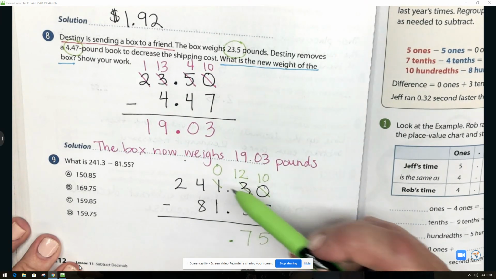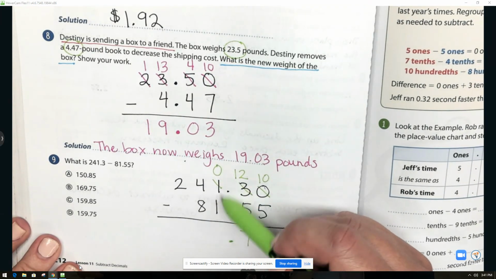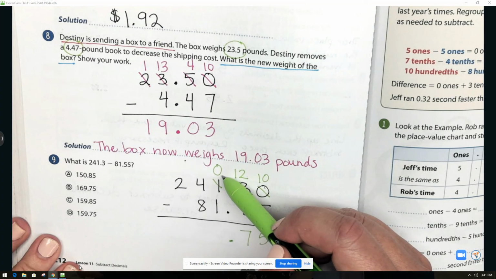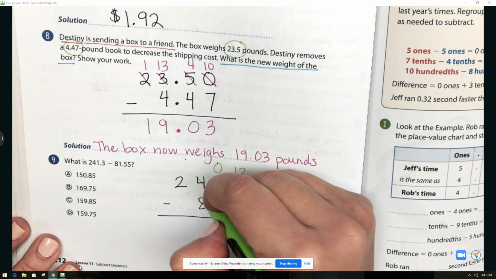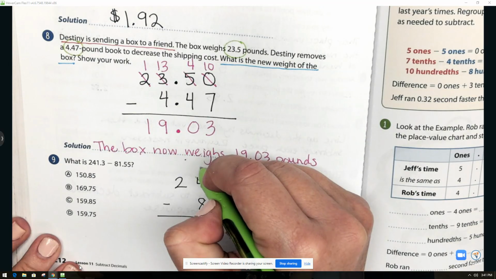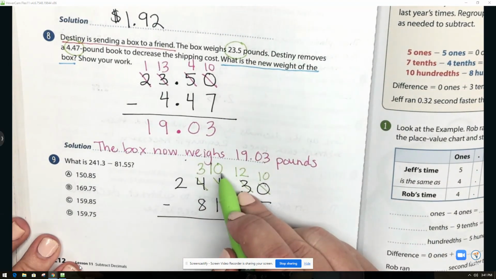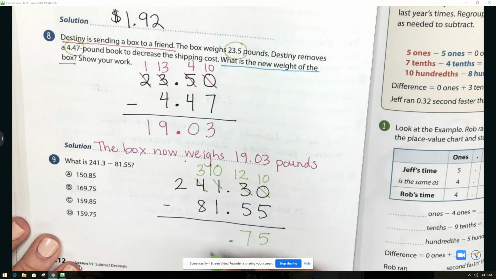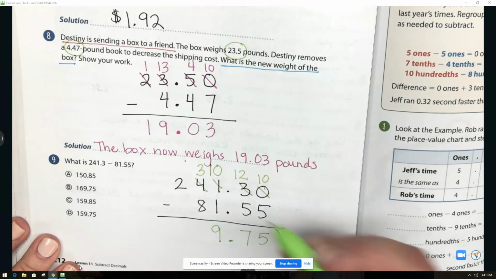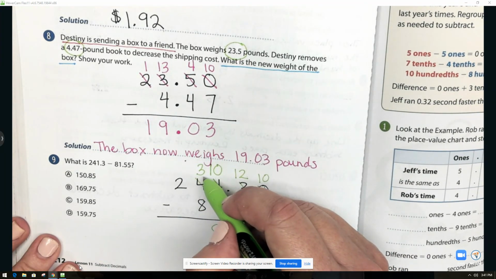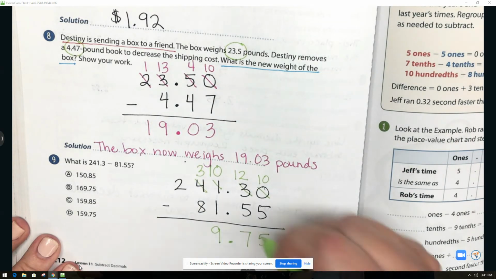I cannot take 1 away from 0, so I'm going to regroup and take away 1 ten and make that 3 tens and change this to 10 ones. 10 ones minus 1 is 9. I cannot take 8 away from 3. Lots of regrouping in this problem.